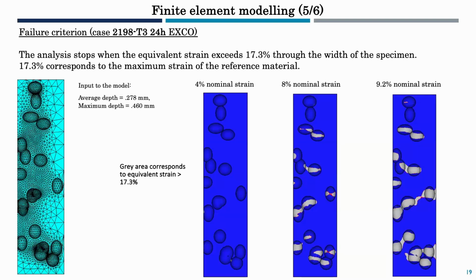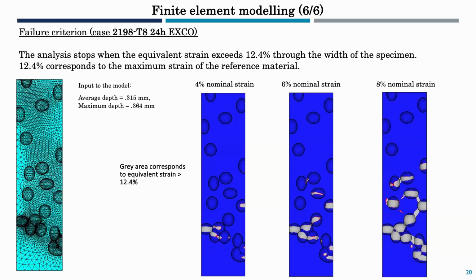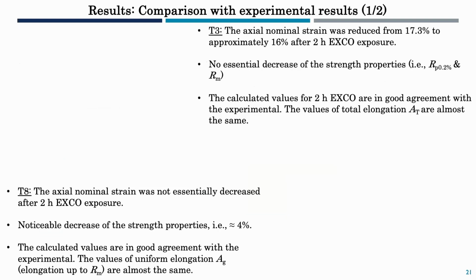And of course, just for comparison purposes, this is the same T3 at 24 hours EXCO. Different, as you can see, quite random, and different paths for equivalent failure. And this is similar for 24 hours EXCO of the T8 temper.